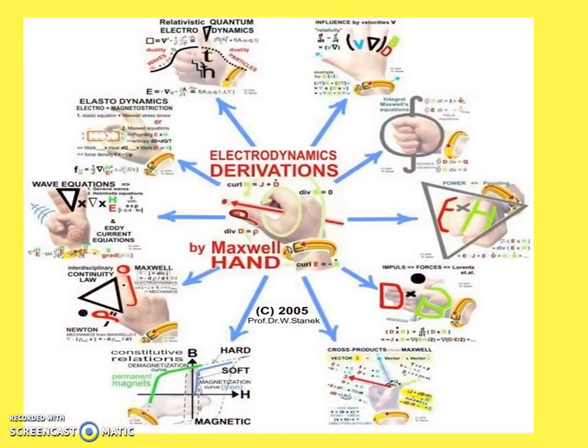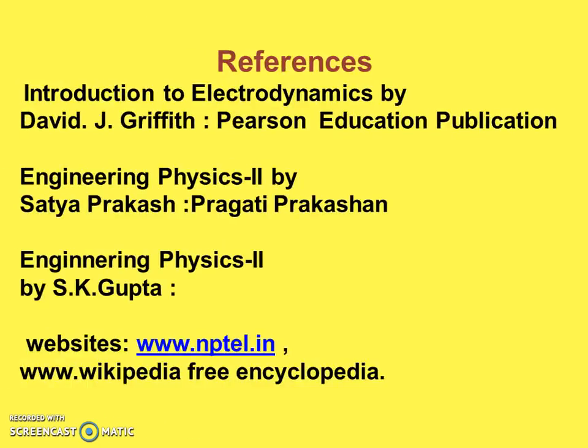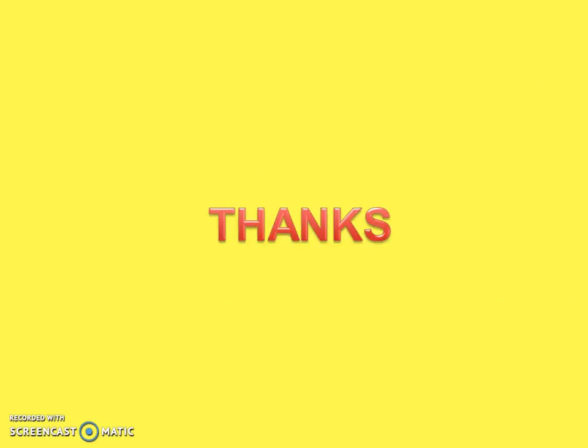A few theorems are combined to produce the total electromagnetic wave. There are some references over here. You can go through them and find more suitable solutions to your problems. Thanks. That is the overall lecture.